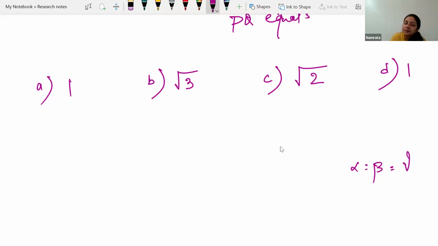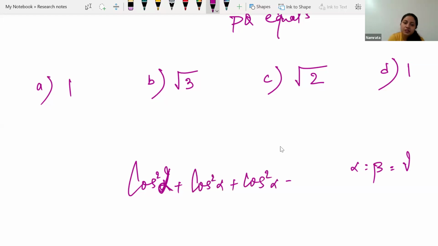Then cos square alpha plus cos square beta plus cos square gamma equals 1. Instead of beta and gamma, I am going to write cos square alpha again, because all the angles are the same.